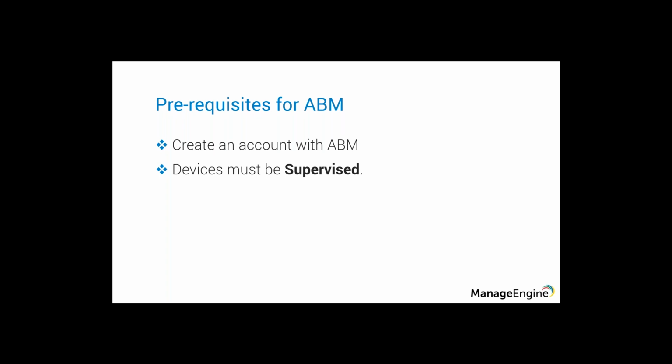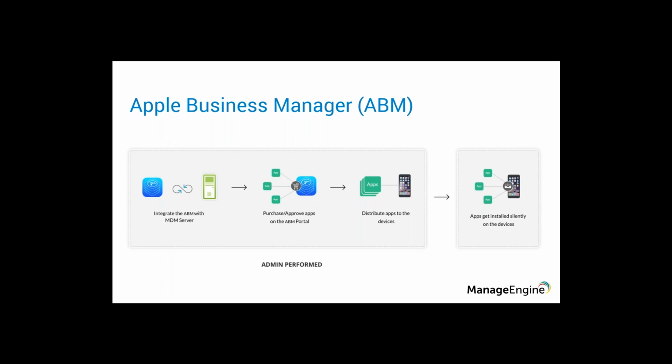So before we go ahead and configure the Apple Business Manager with the MDM solution, there are some prerequisites that have to be met. First, you would have to create an account with Apple Business Manager, and then your devices must be supervised. Supervision is a process that comes with the device enrollment, which we will be dealing with in detail in tomorrow's session.